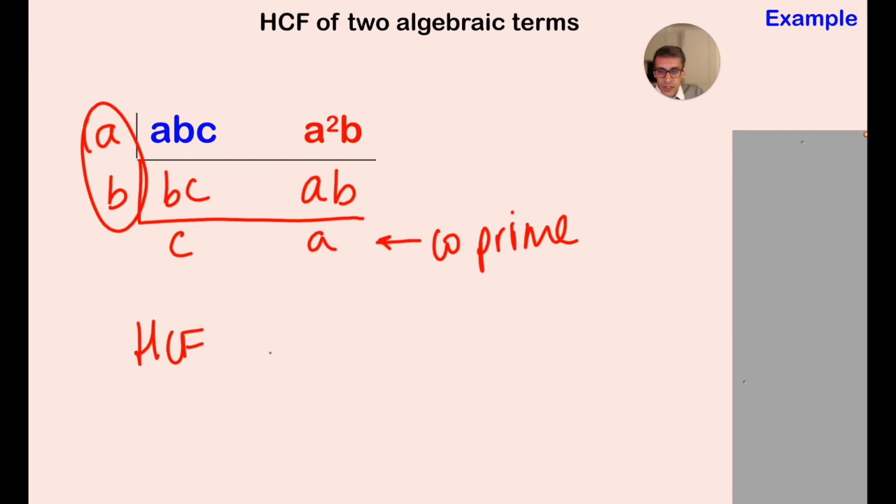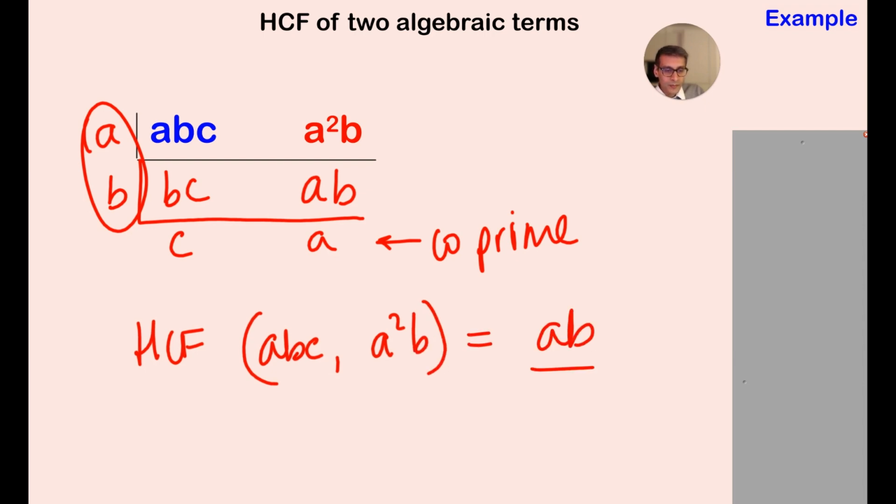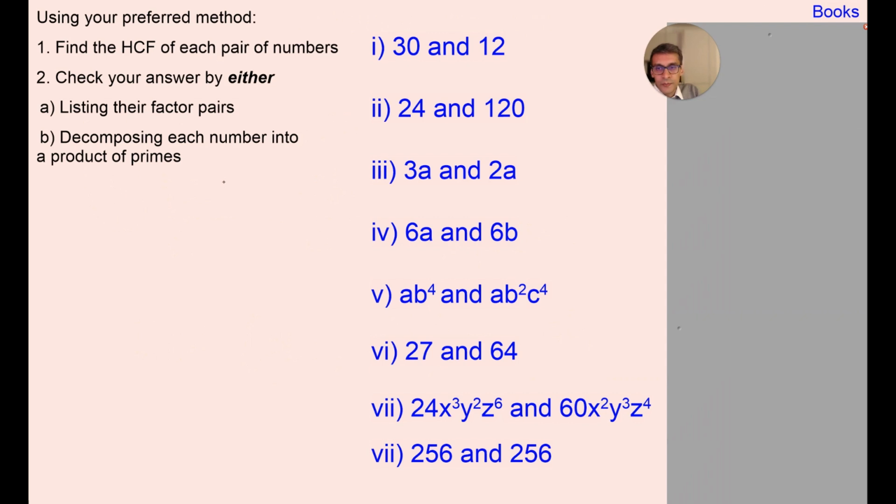So the highest common factor of ABC and A squared B is equal to AB. And some of you may have been able to do that in one step, and that's fine if you can. Good for you.